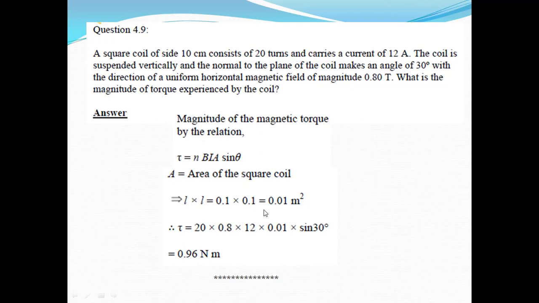So here we get 0.01 square meter as the area of the coil. And of course, theta is given as 30 degrees here. So sine 30, you know, is half. So when you make the substitutions for the values, you get your answer to be 0.96 Newton meter.